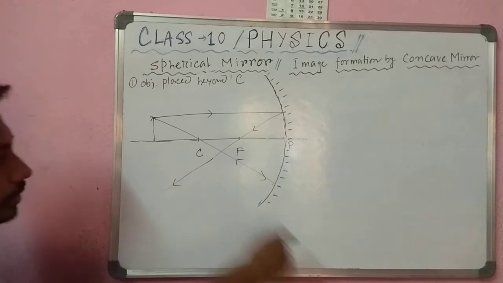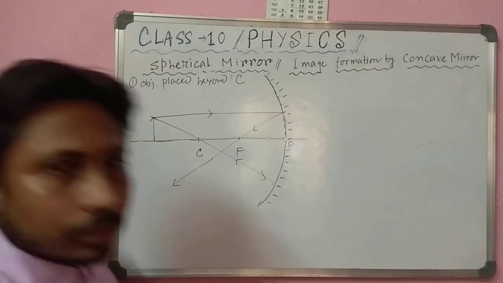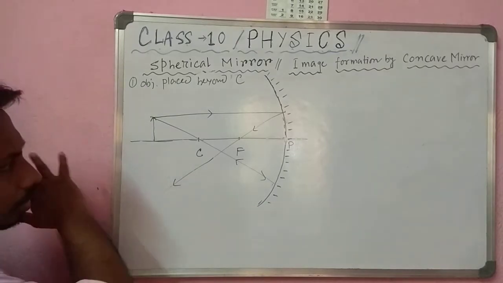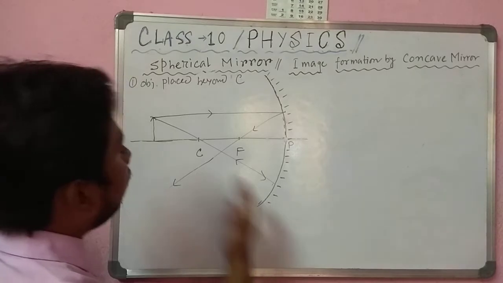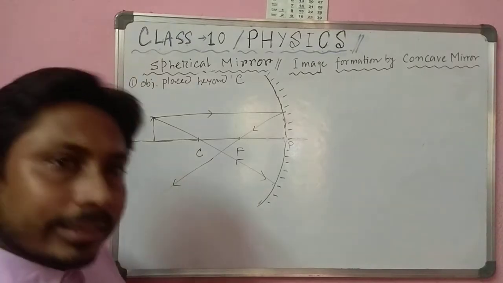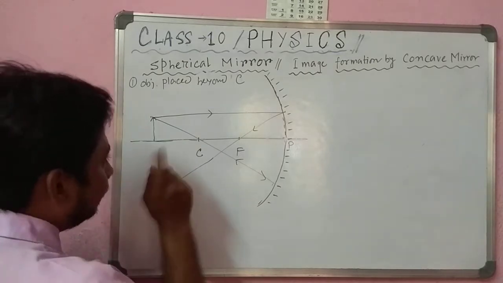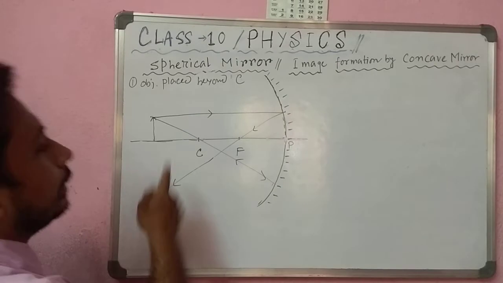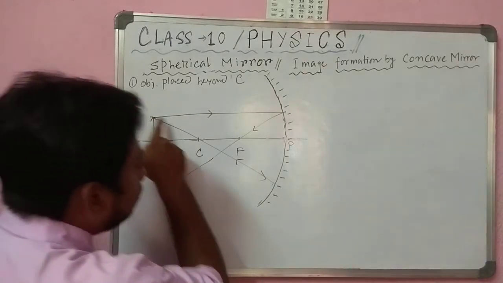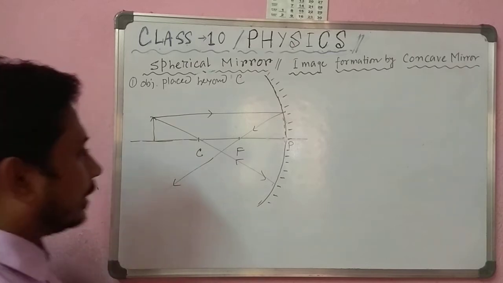Other rays are also reflected by the spherical mirror to form the image, but here you have to show only these 2 lines: the parallel line passing through the focus, and line number 2 from the center of curvature, which after striking comes back along the same path.